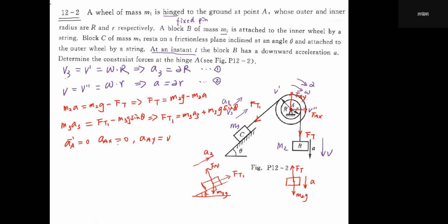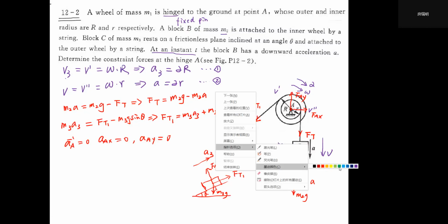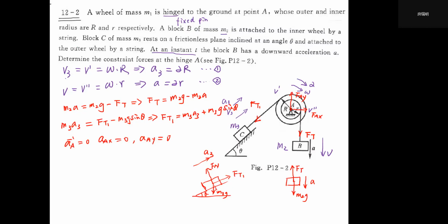So until now, can you guys find how we can find it? Maybe I should change another color again. Let me change it into green color. So we can use m2 g minus m2 a2, and we use alpha R to replace a, because we have the important relationship here.